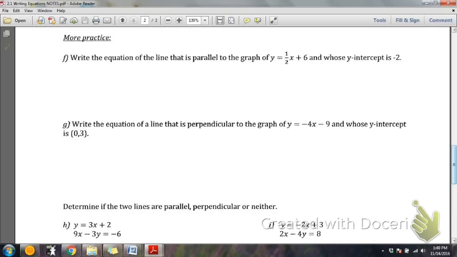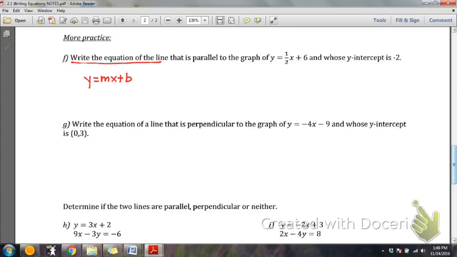So this means that you should begin your work by writing down y equals mx plus b. No matter what the rest of the problem says, you're going to need to use y equals mx plus b when it says, write the equation of the line. Stop.